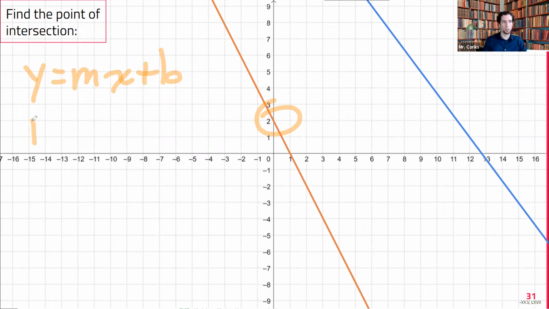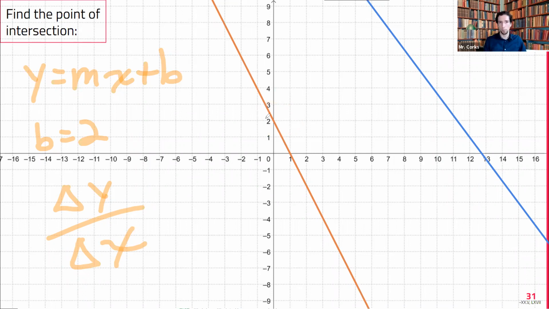All right, and what else? We need to find the slope. How do we find slope? Rise over run. The same thing we did before, remember? The delta y over delta x, just choose 2 points. Here's point number 1, here's point number 2.